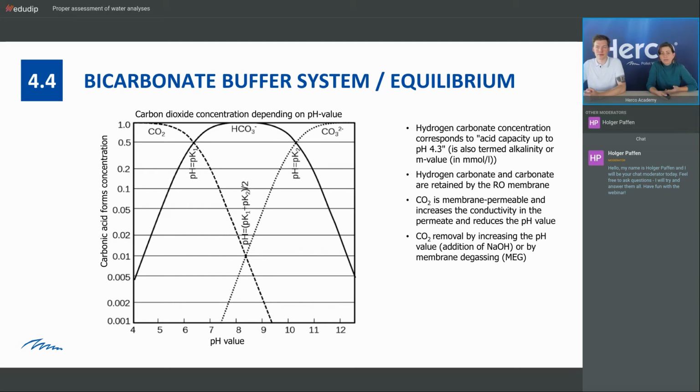What is also interesting here, so the ionized parts or constituents are held back by the membrane, are rejected. So it means hydrogen carbonate and carbonate will be removed, but CO2, as we said before, can pass the membrane and will increase the conductivity in the permeate and reduce the pH value as well. CO2 can be removed either by increasing the pH, so we move the equilibrium to the right-hand side.